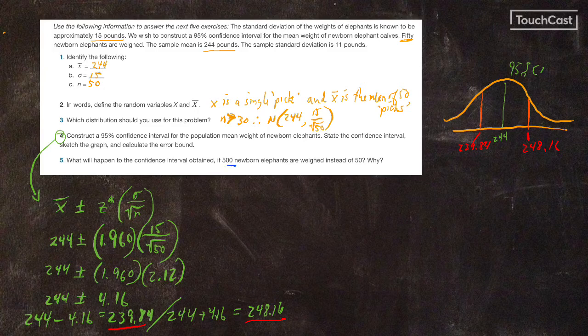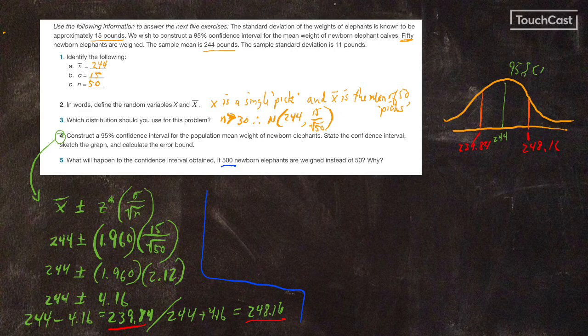So the second part of this problem is asking, what would happen to the interval if I changed the sample size to 500, which is 10 times bigger than what we were just working with? So we had 50, and now we're going to 500. Really the only thing that changes is that square root of n.